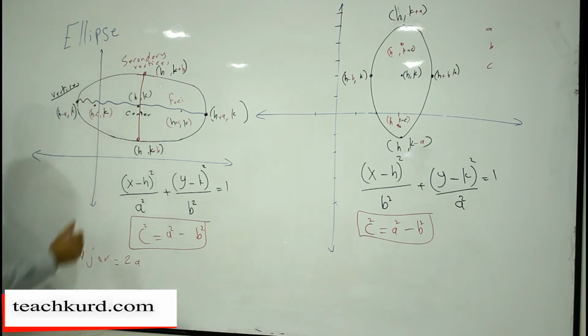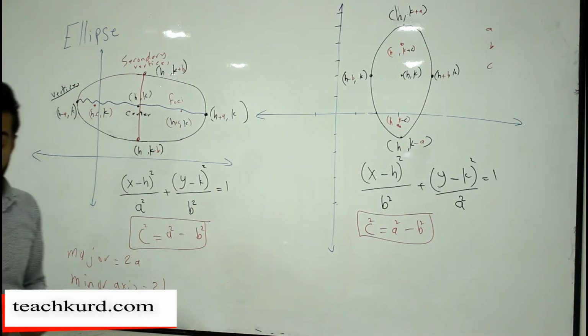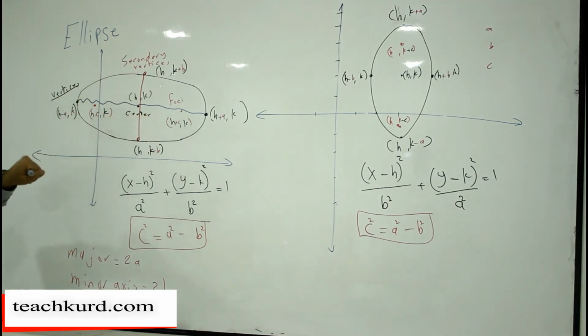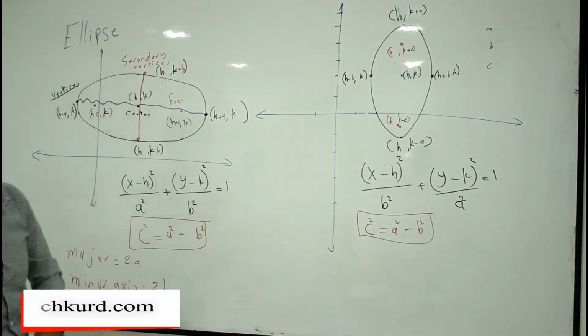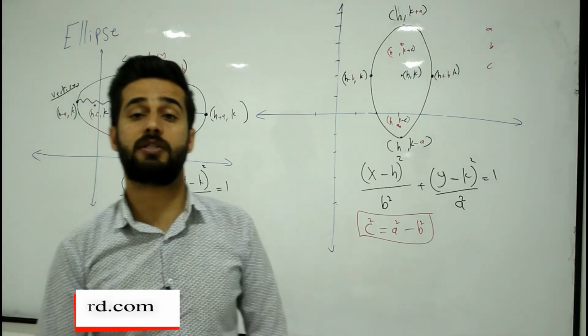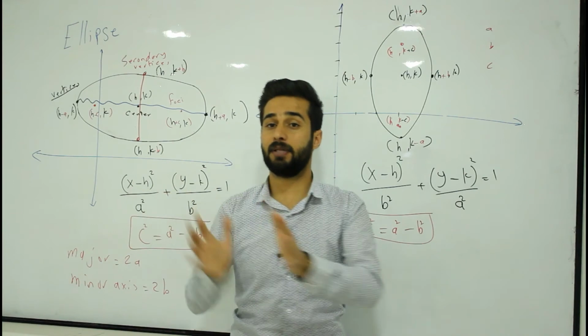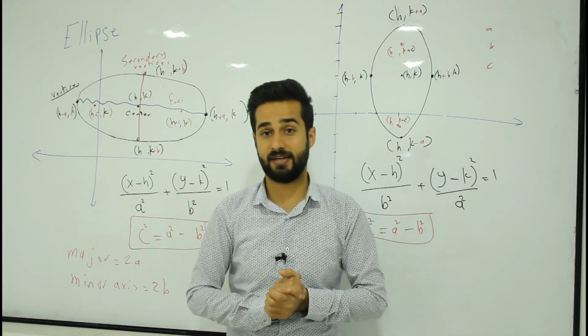The minor axis is equal to 2b. Okay? So we have major and minor axis. It is the distance between the vertices. The distance between the foci is equal to 2c, or 2 multiplied by c, or c plus c, any way that you want.